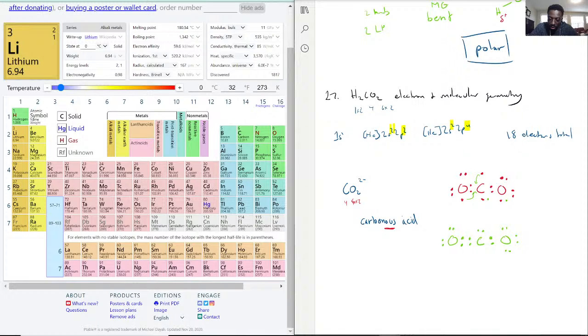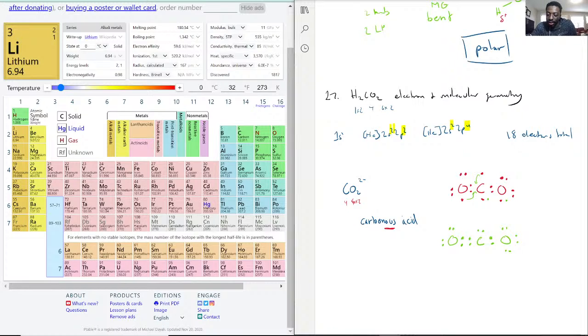Yep, this kind of makes sense, because I don't know how to reorganize this without breaking the octet rule.